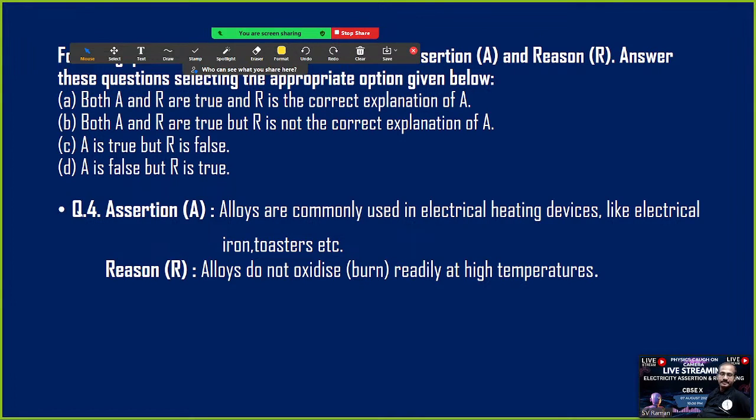Repeating, alloys are commonly used in electrical heating devices like electric iron, toasters, etc. The reason they are saying is alloys do not oxidize readily at higher temperature. Which one is correct and which one is wrong? Which option can we choose in this kind of question?